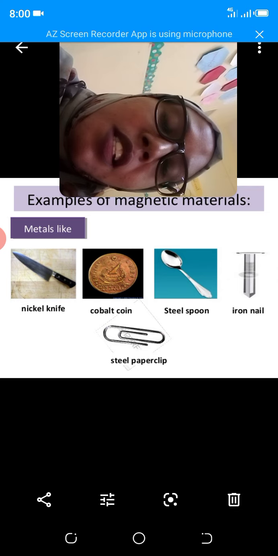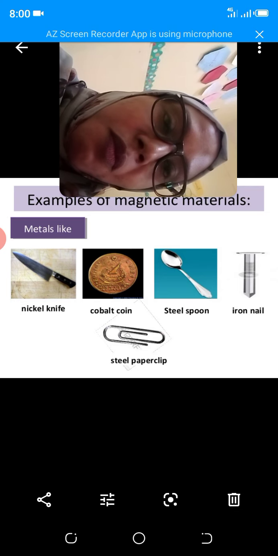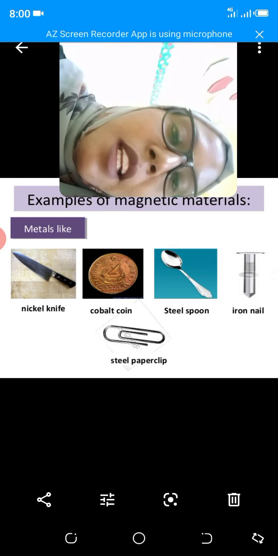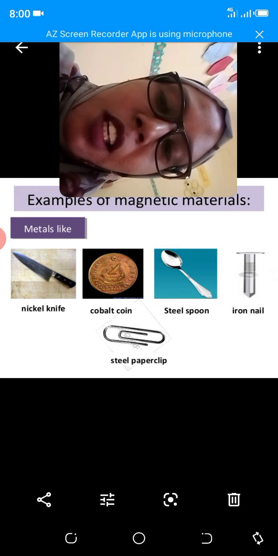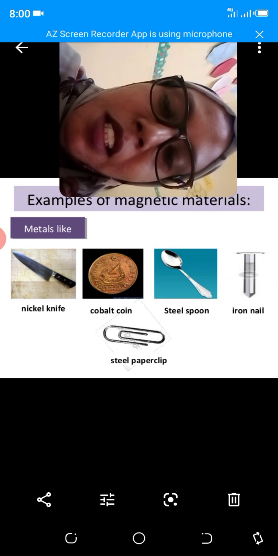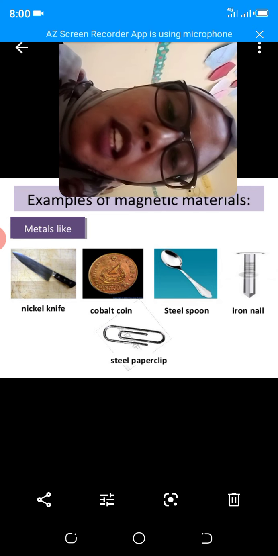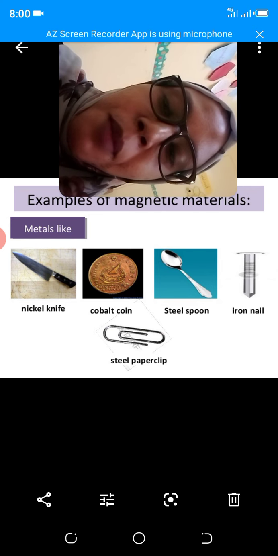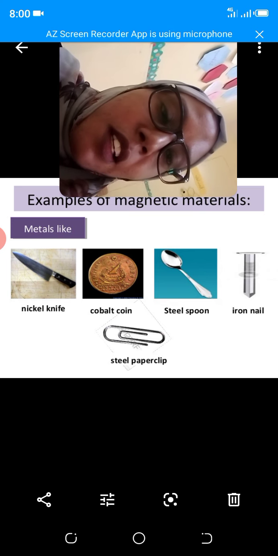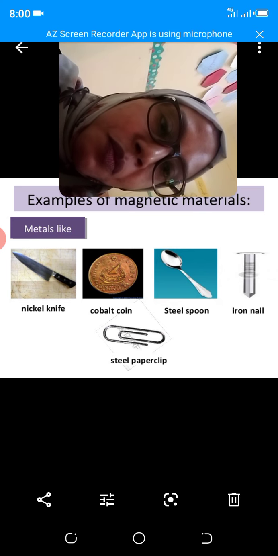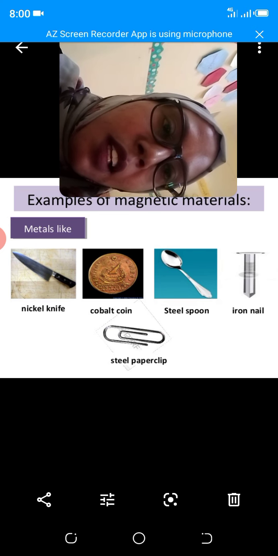Okay, this is an example for magnetic and non-magnetic material. Examples of magnetic materials are like iron nail, like the coin.